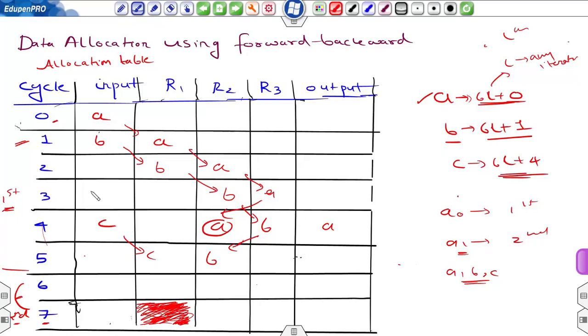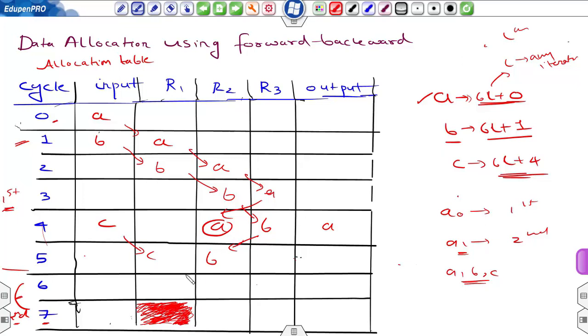Okay, so we have to just take care of the cycles that we are including in the table, and we have to worry about the variable that will be generated again in this duration. So A will be generated again in the 6th cycle. In the 7th cycle it will be transferred to register R1, same as this case, so we will not allocate register R1 to any other variable.